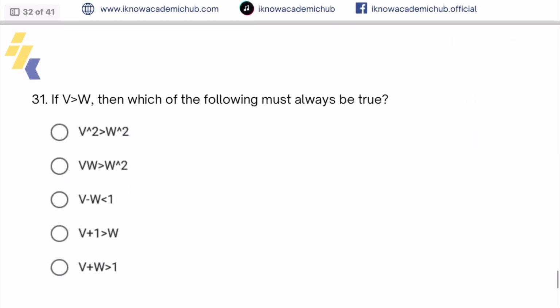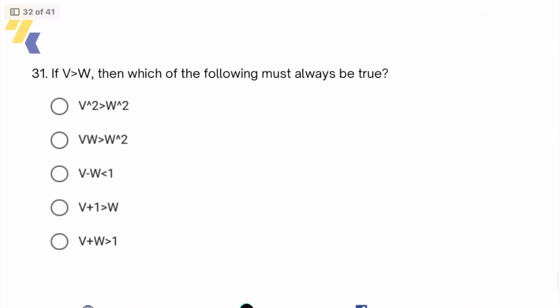Okay. So for the next question, we have this. If V greater than W, then which of the following must always be true? Okay. So sabi ay V greater than W. Ayan.